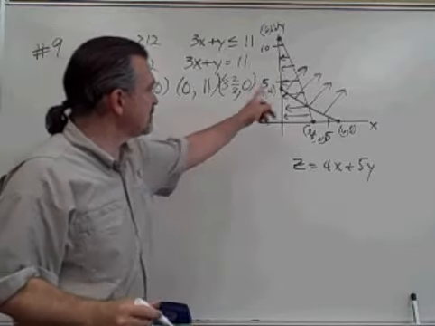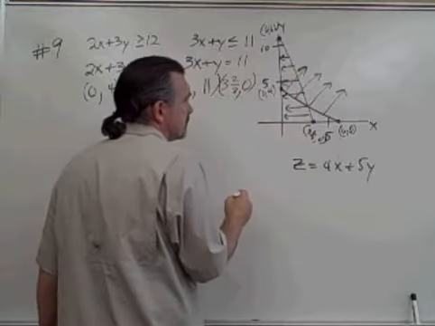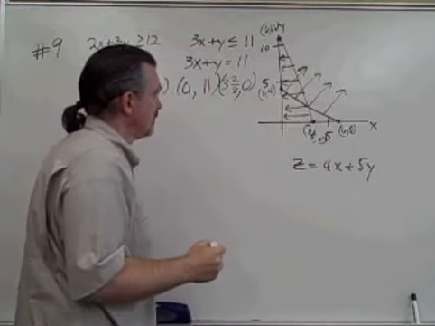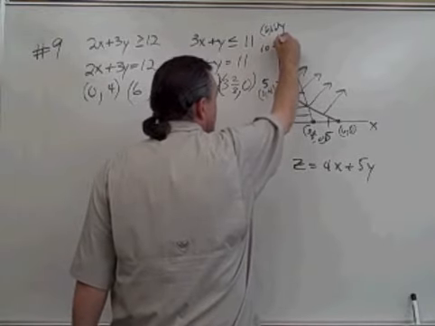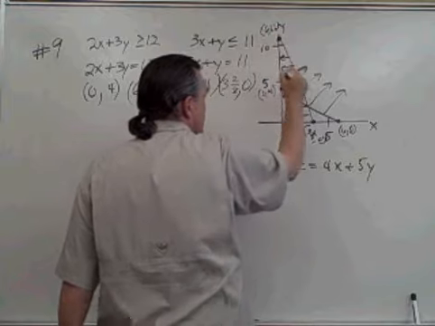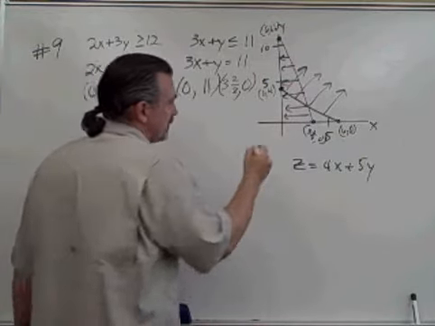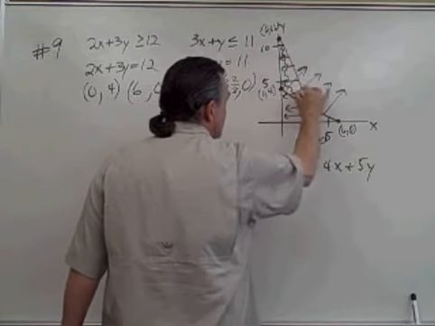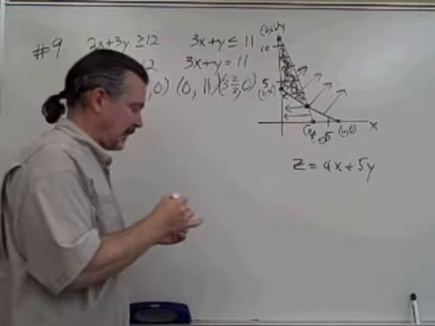And then the feasible region would be the region where I have both arrows, which would be this region right in here. It's bounded by the corner point 0, 11, the corner point 0, 4, and this corner point. So this region right in here is my feasible region.